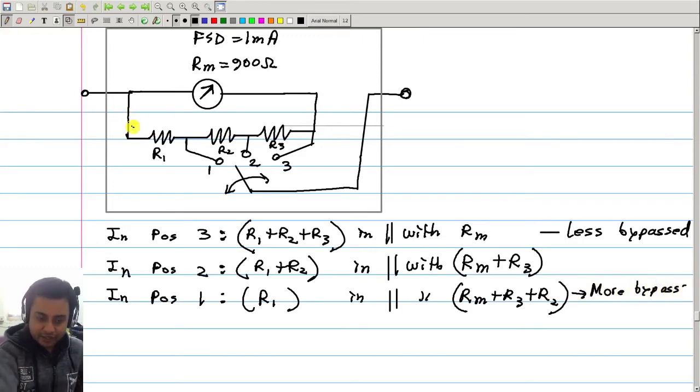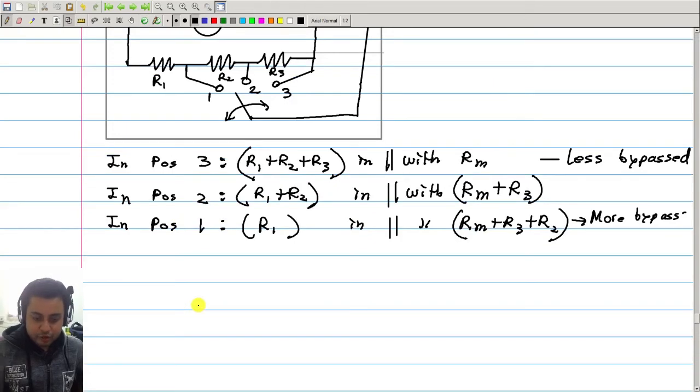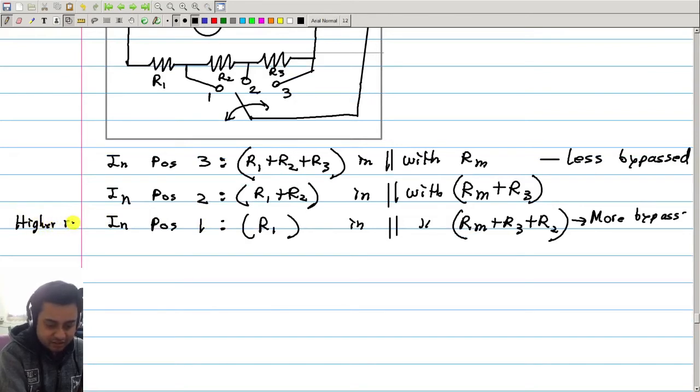So more current is bypassed when the switch is in position 1. That means in position 1 we will be able to measure higher current, so this will be a higher range and this will be a lower range.